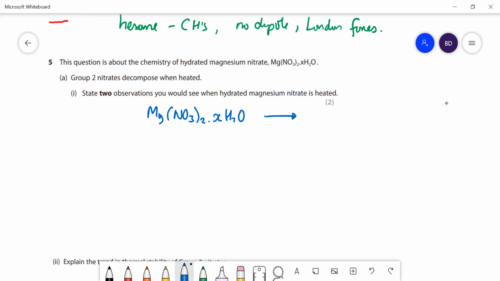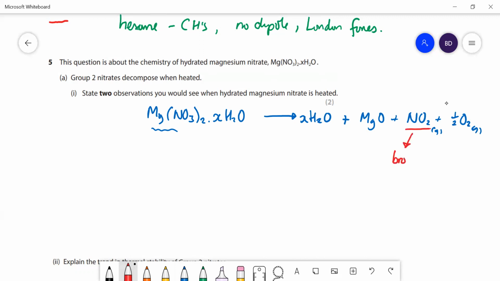When you heat it up, you're going to get water molecules coming off, the xH2O, and that will decompose to magnesium oxide, nitrogen dioxide, and oxygen. They're both gases. So what would you see? Well, nitrogen dioxide is a brown gas.